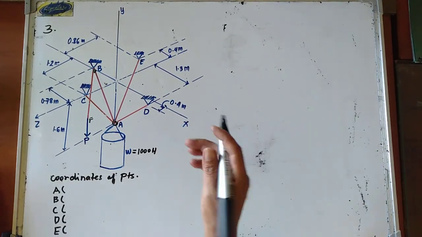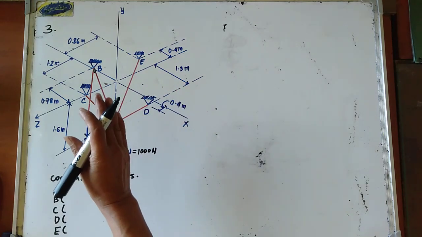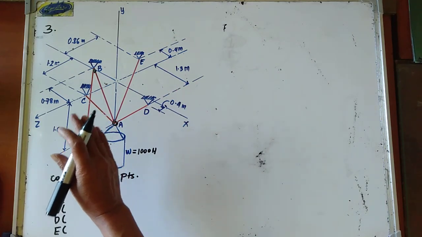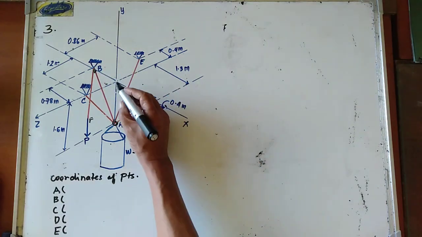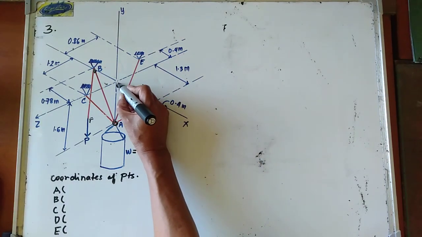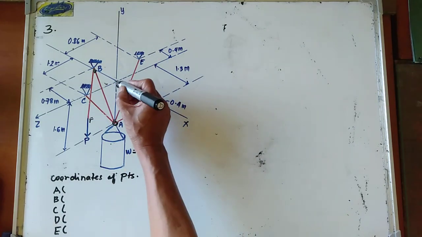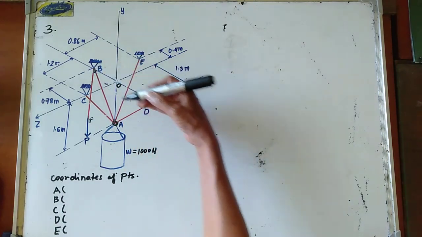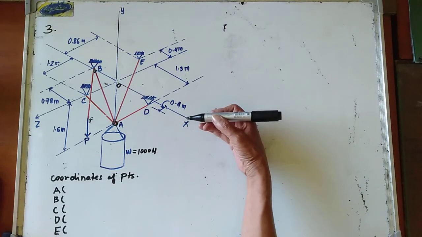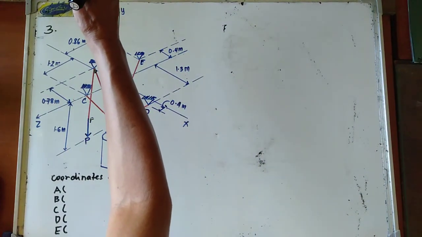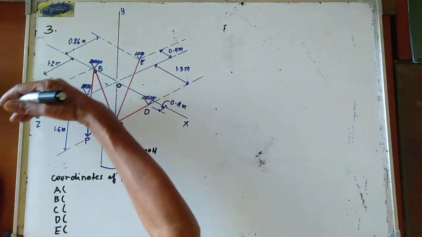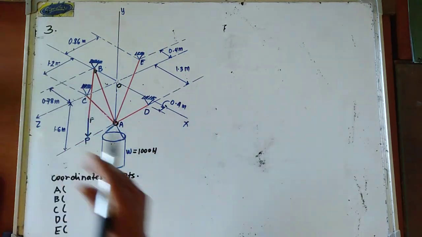Now, if you go over the figure, this is the x-axis. That is the origin of the coordinate system. So we have the x-axis in this direction, the y-axis in the vertical direction, and this one is now the z-axis.